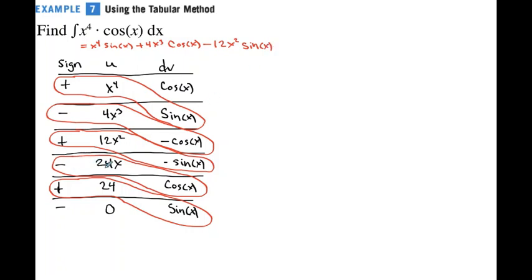And then a negative 24x times cosine of x. And then a positive 24 times sine of x. And because this is an indefinite integral, we need our constant of integration plus c.